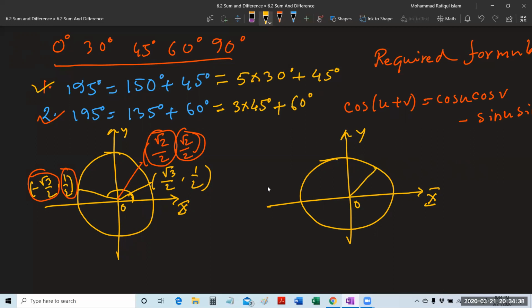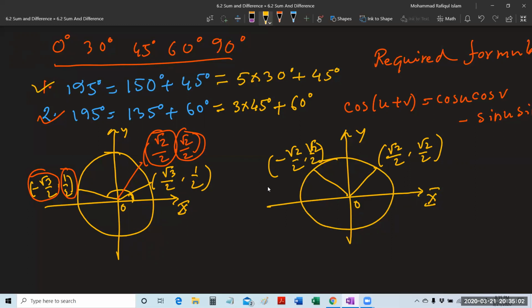We have already seen that the coordinate for 45 degrees is radical 2 over 2, comma, radical 2 over 2, and 135 is in the second quadrant, and the coordinate here will be negative root 2 over 2, comma, root 2 over 2.